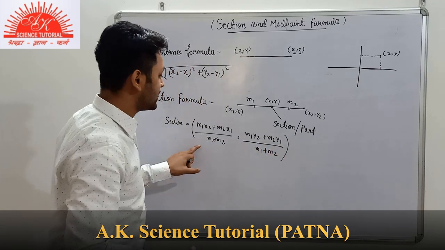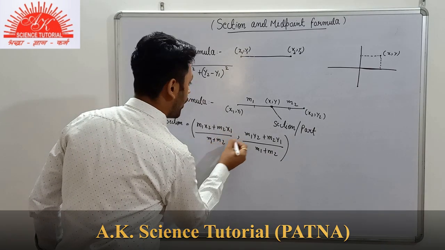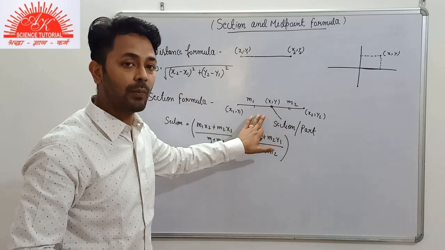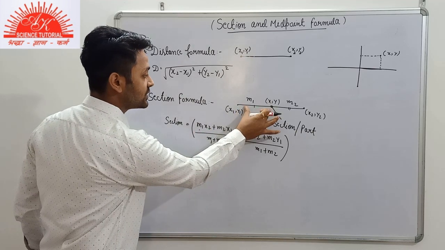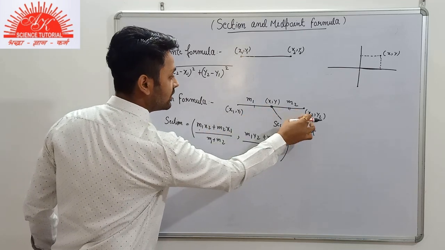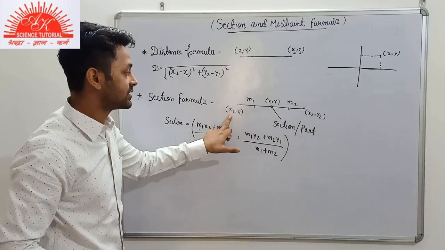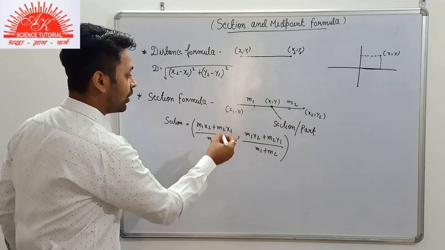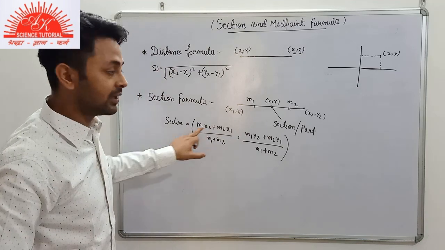By using this formula, we find the coordinates of the point which is creating a section, meaning creating a part. The variable m1 is the part in which the line has been divided. X2 is the abscissa of the second point. X1 is the abscissa of the first point. M1 and m2 are the ratio. On these variables we find the section.